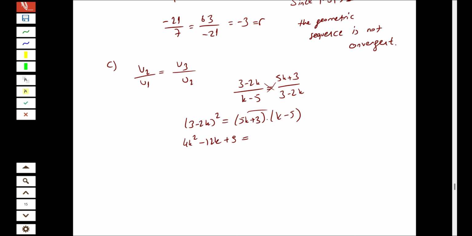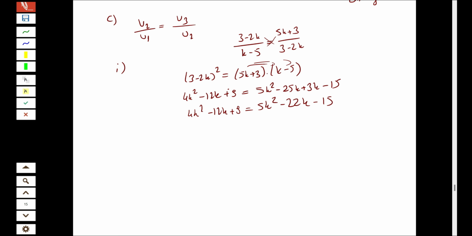And when you apply the distribution here, you're going to find 5k squared minus 25k plus 3k minus 15. We will again combine like terms, especially on the right side: 5k squared minus 22k minus 15, right? And now I'm going to subtract 4k squared from both sides, and it will be minus 12k plus 9 equals k squared minus 22k minus 15.